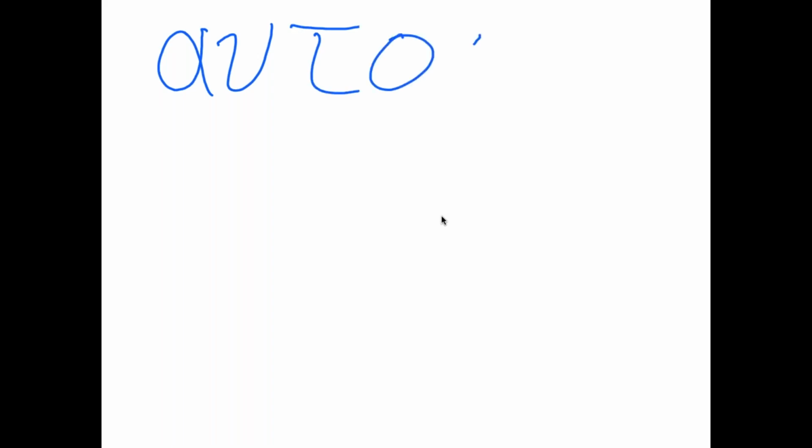Okay, some new words. The first one I already mentioned was autos. Now, based on the way that I said that, would this word have a smooth breathing or a rough breathing?